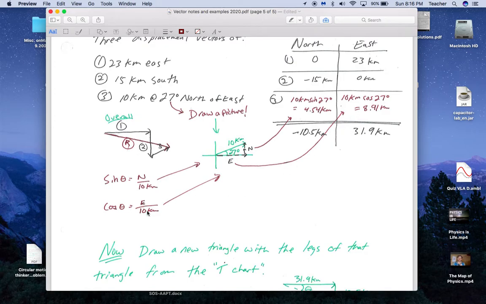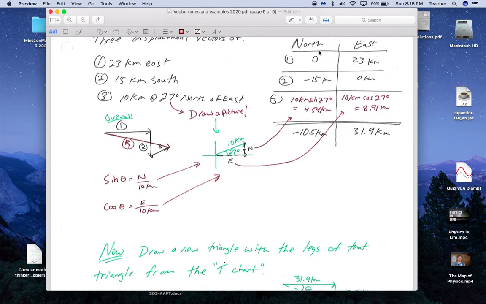East over 10 kilometers is equal to the cosine of the angle, adjacent over hypotenuse. So I can rearrange that and say that cos of 27 degrees is equal to east over 10 kilometers. Multiply both sides by 10 kilometers, I get 10 times the cosine of 27, and that equals 8.91 kilometers. And since this is east, and my unit vector box says east, that's positive.